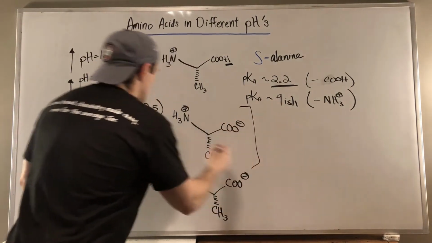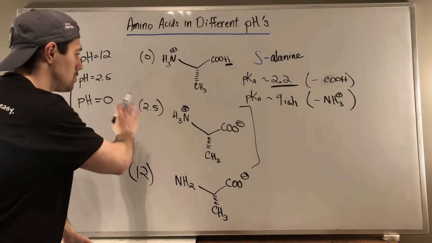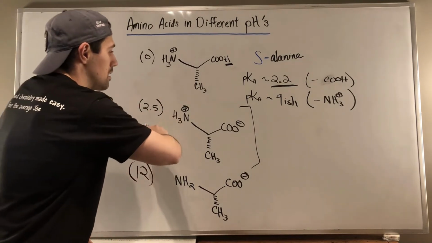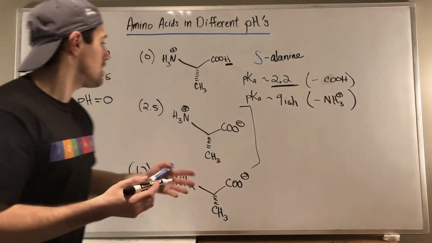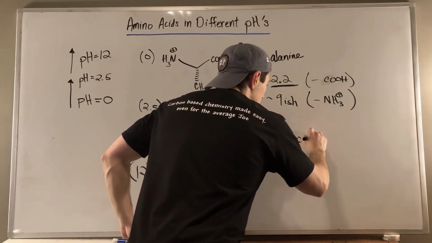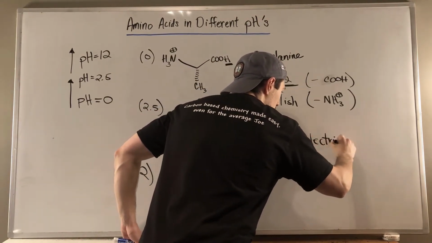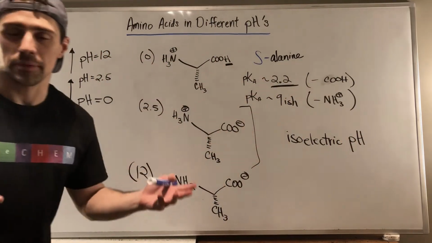It's not this exact pH, I use that as an example, but you will be asked to find the point where the solution is equal parts negative and positive with your amino acids. That is called the isoelectric pH.